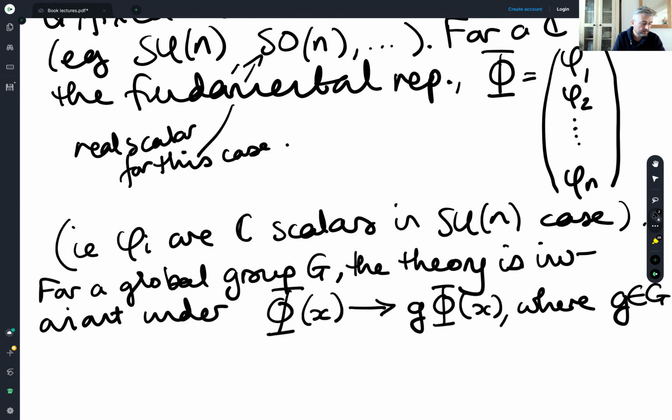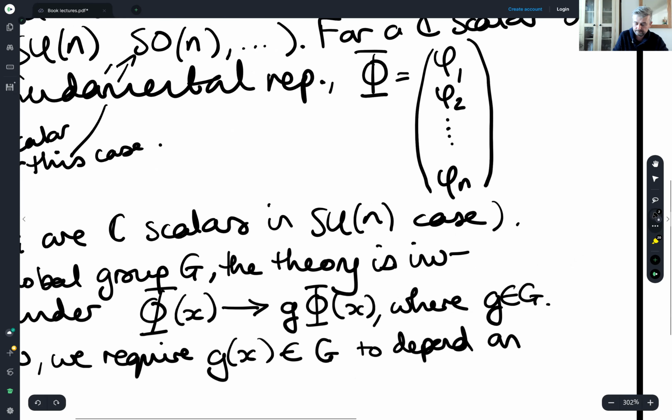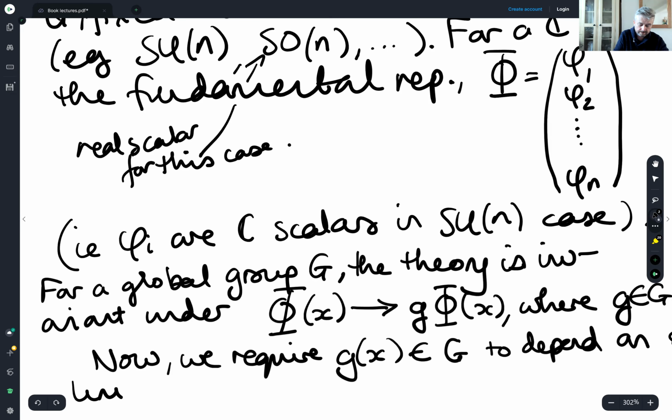So now let's allow these group transformations to depend on space and time. So now we require G of X to be within the group, to depend on space-time. So an example would be the color symmetry.